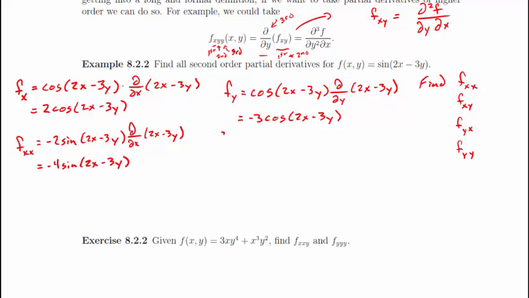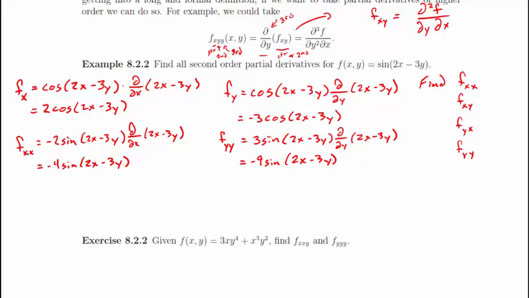Over here, I can take the derivative with respect to y again, and we get positive 3 sine of 2x minus 3y times the partial derivative with respect to y of 2x minus 3y, which equals negative 9 sine of 2x minus 3y. Great.